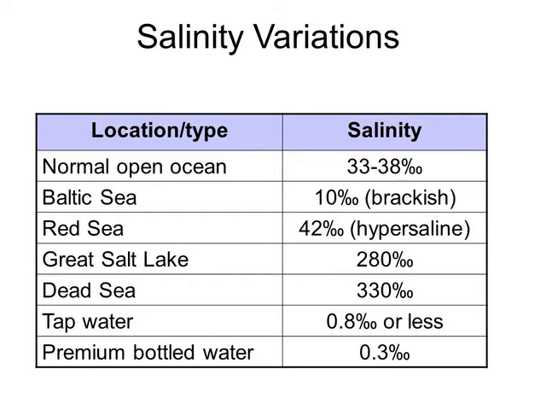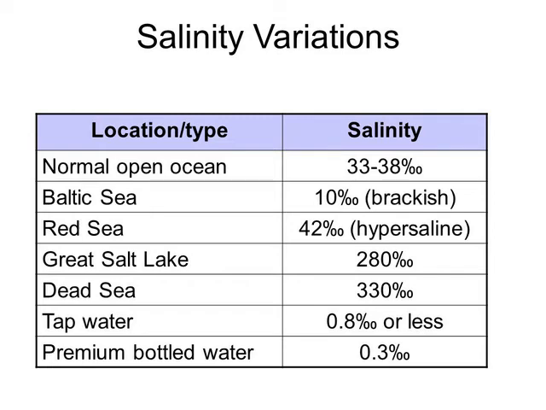Places like the Red Sea, the Great Salt Lake, and the Dead Sea are more salty than the open ocean. If you were to go to the Dead Sea and take a dip, you probably wouldn't be dipping, but more so floating on top. Because of how much salt there is, it increases your buoyancy, to the point where you're basically floating.